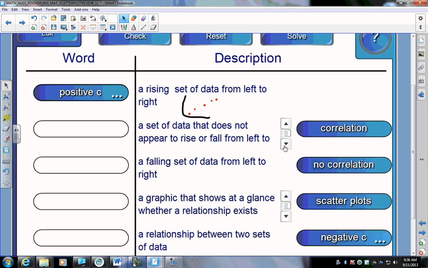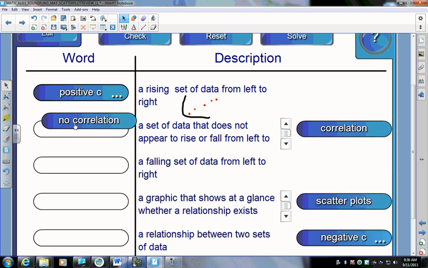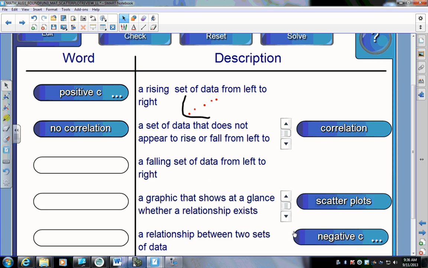The next one said a set of data that does not appear to rise or fall from left to right. That is no correlation. A falling set of data from left to right, falling meaning going down, that's going to give you a negative correlation.